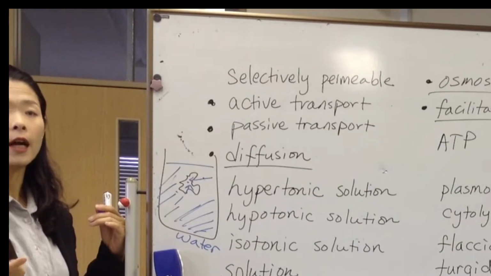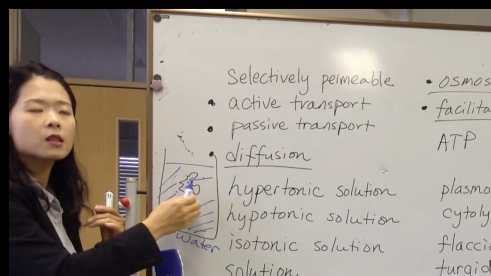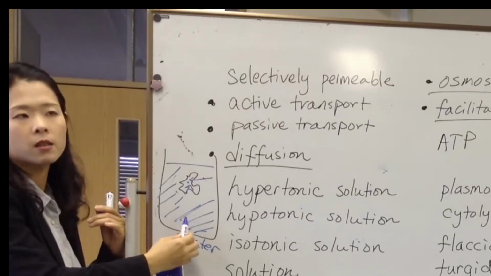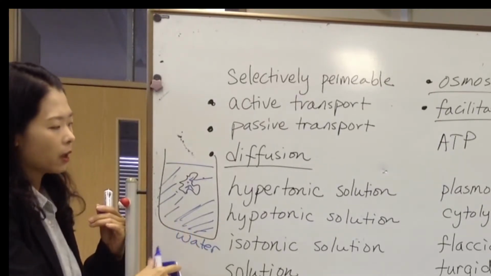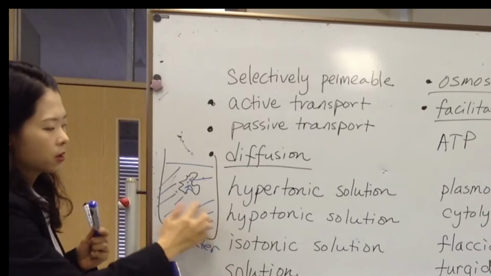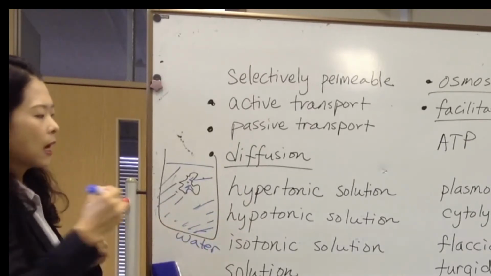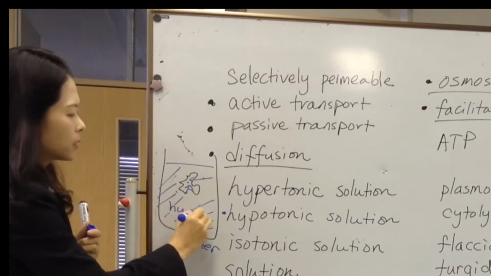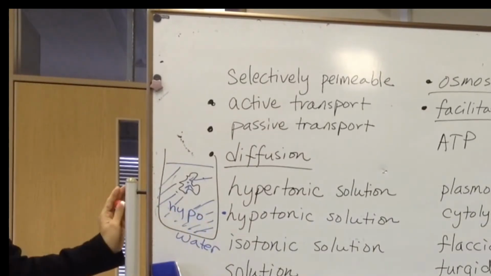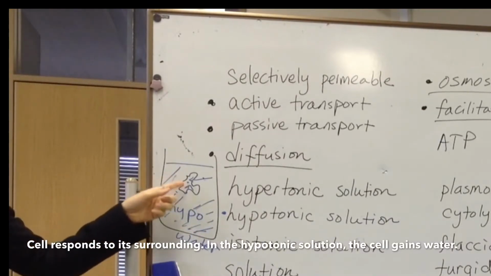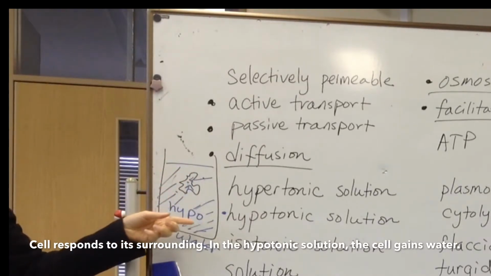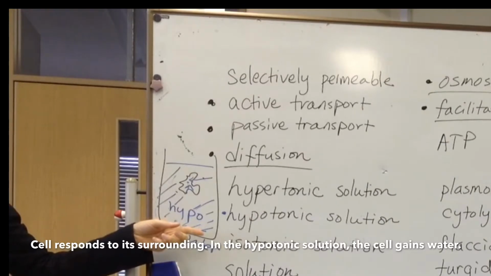In the cell, right? There are basically more things dissolved in the cell than in the beaker, because this is just pure water. Alright, so what we call this water is a hypotonic solution. We say that the cell is placed in a hypotonic solution.